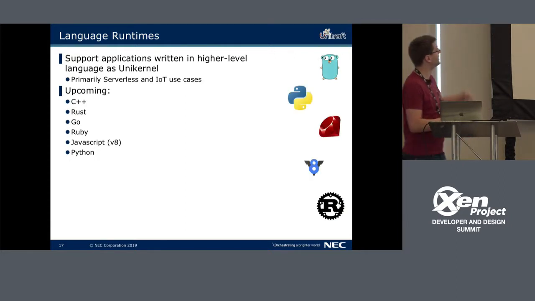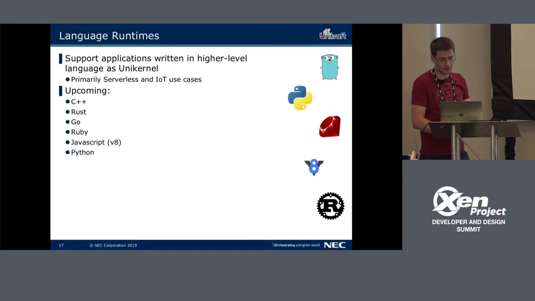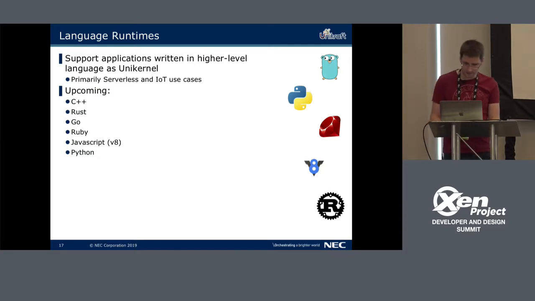And we're working, as you saw in the announcement on the slide before, on C++. Rust is one target we're currently looking at. Go is another one. Ruby, JavaScript, and of course Python.